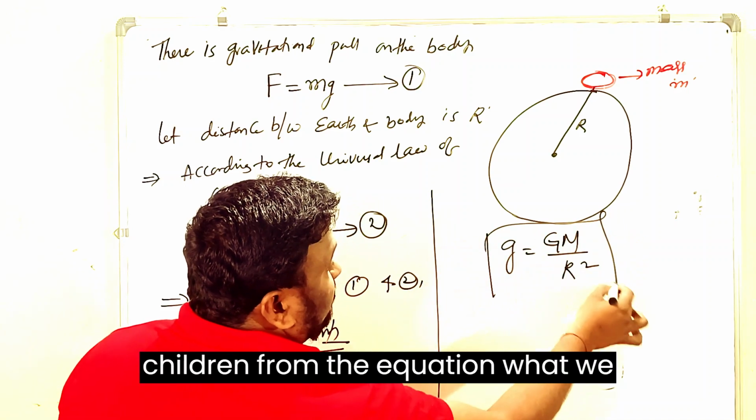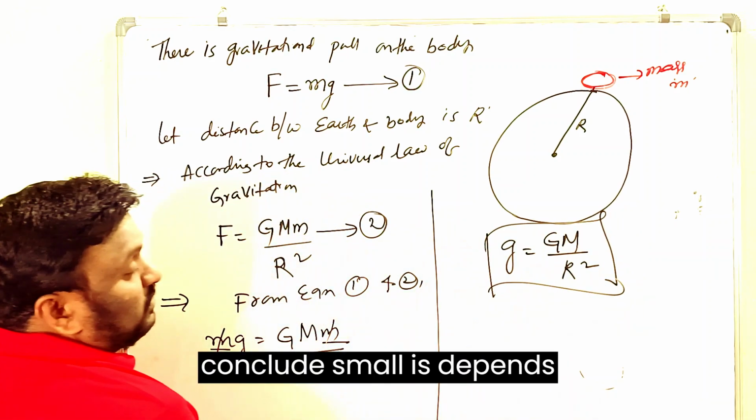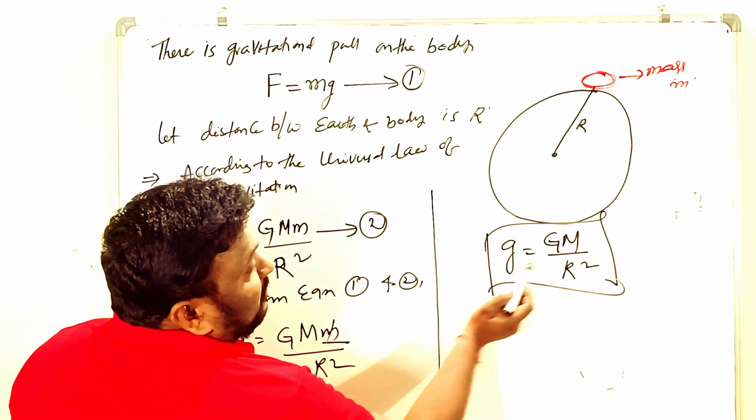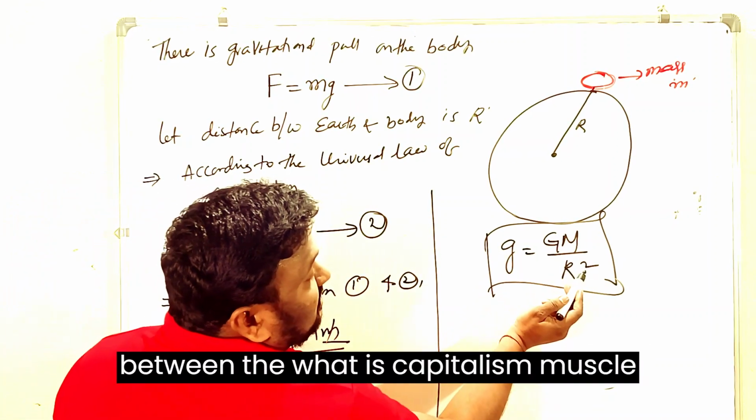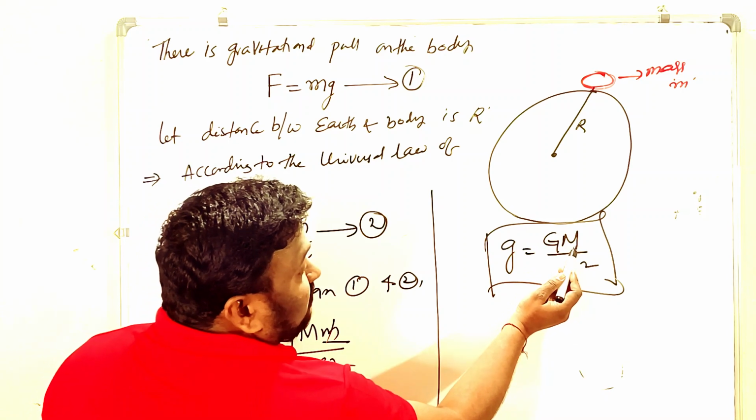So children, from the equation what do we conclude? Small g depends upon the mass of the earth and the distance between the body and the earth's center. What is capital M? Mass of the earth.